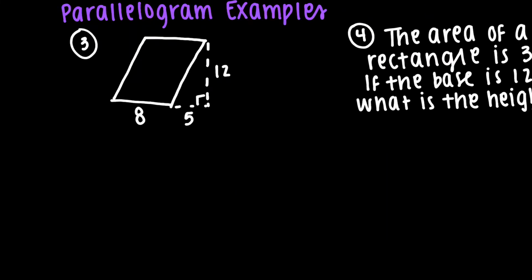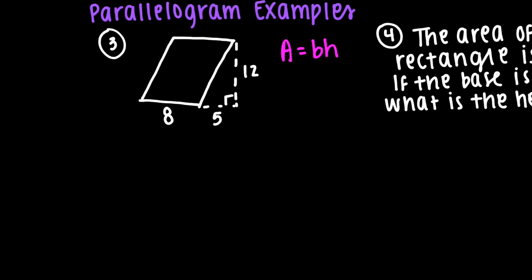Alright, so the next ones are parallelogram examples. Remember, your parallelogram area is equal to base times height. When I look at this first example, I have this triangle drawn on the outside. These triangles, there's a little bit of confusion, are just used to help find your height. They're not added into the base or something like that. So my area here, the base is just 8.